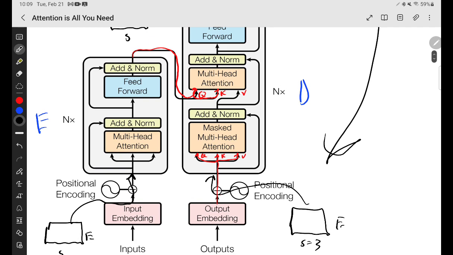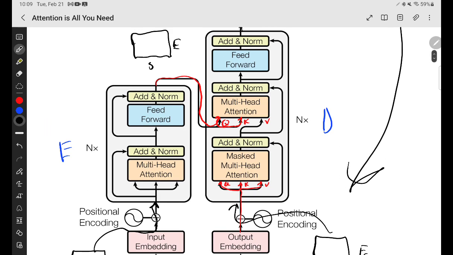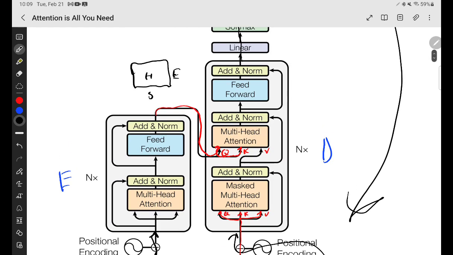The cross attention right here computes the query key similarity matrix between the hidden representation, H, and then projects that to the value matrix. So it's a way of mixing the information between the output sequence and the hidden representation of the input sequence, to condition the output sequence on the input sequence a little bit.